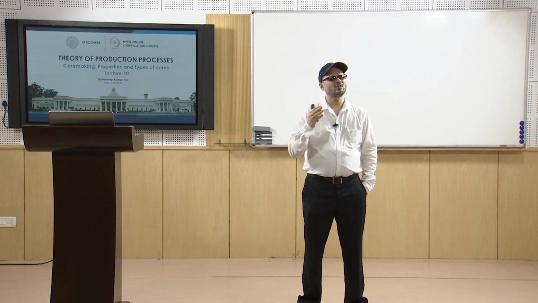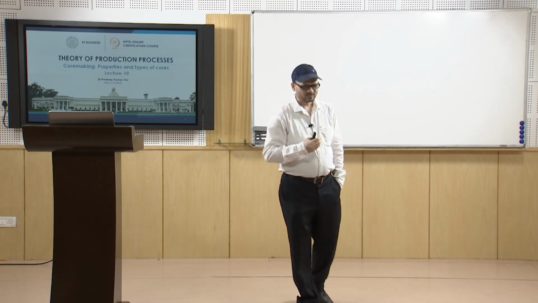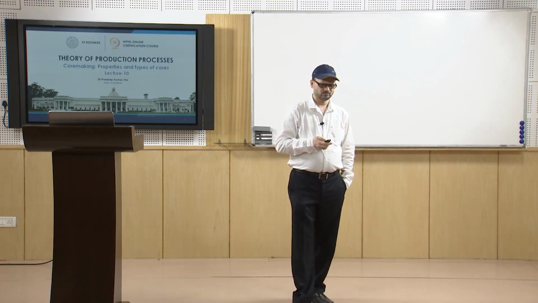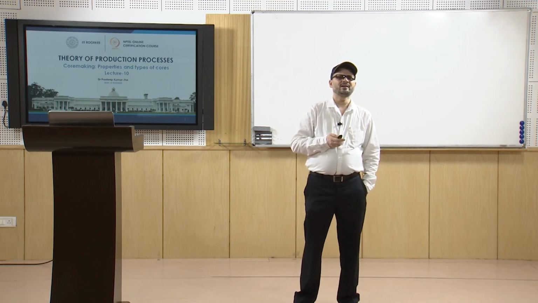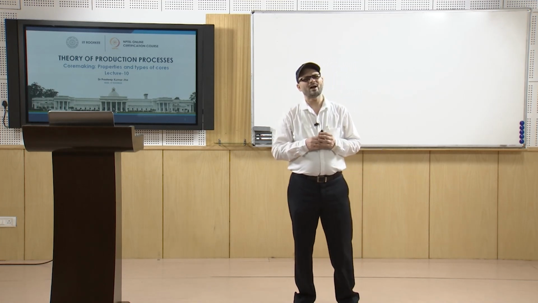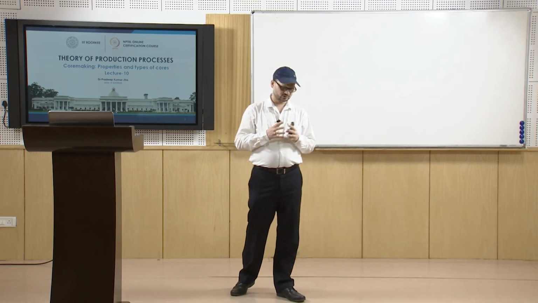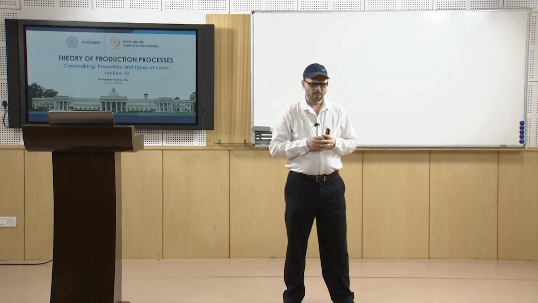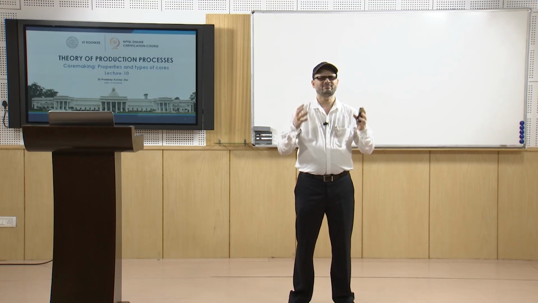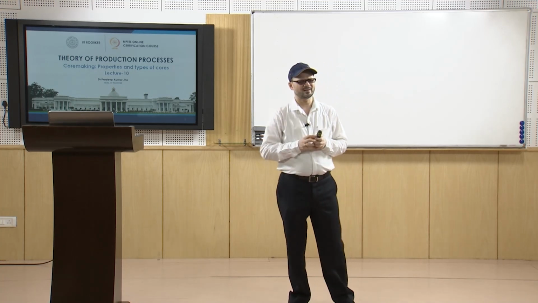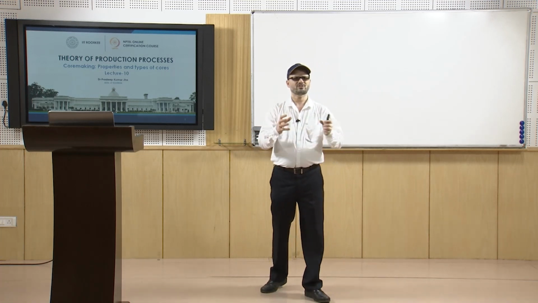Core boxes are normally made of aluminum, and you provide vent holes so that there is enough permeability. Then you may also use reinforcing wires for making these cores, because cores need quite good strength, as they are subjected to thermal and mechanical stress conditions.